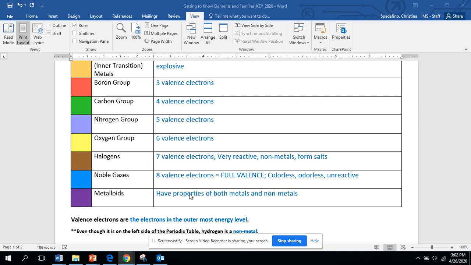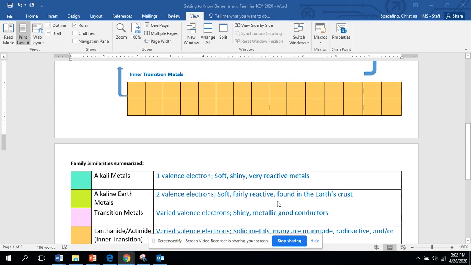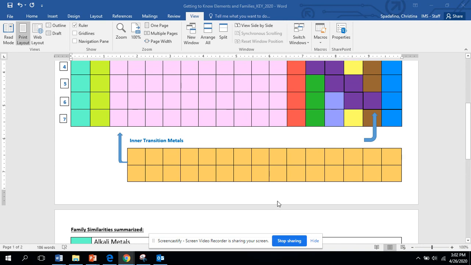Now our metalloids, which you've colored, again, I used the purple for my metalloids. They have properties of both metals and non-metals. And last but not least, for our coloring, you have these intertransition metals.